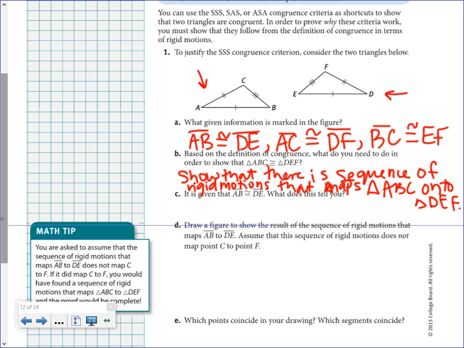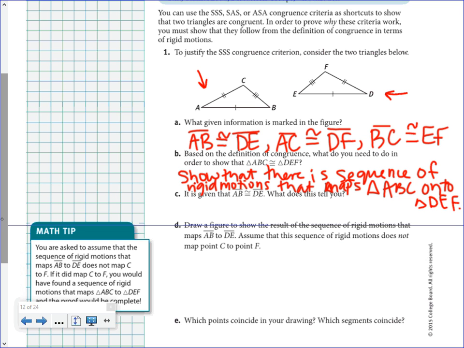Whether that's a translation, a slide, a reflection, a flip, or a rotation, a turn, and maybe a combination of those, somehow taking triangle ABC and transforming it so that it maps to triangle DEF.